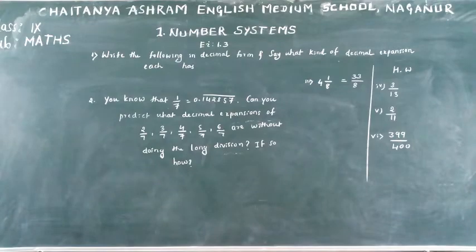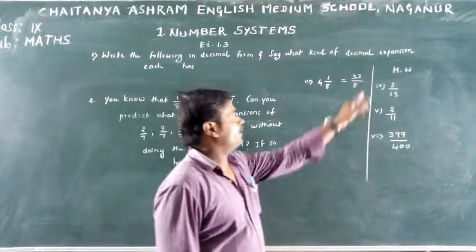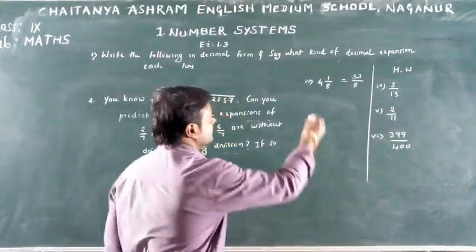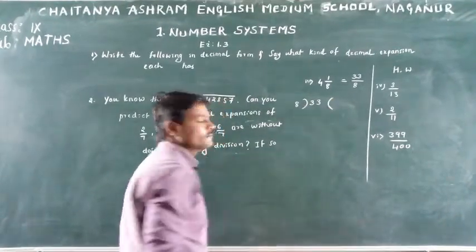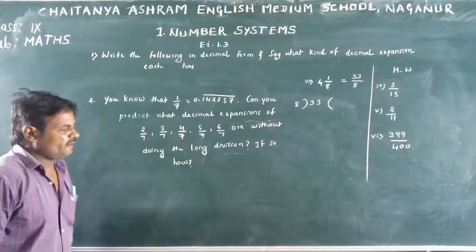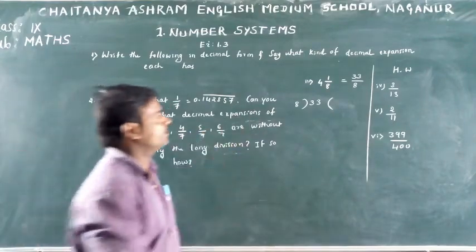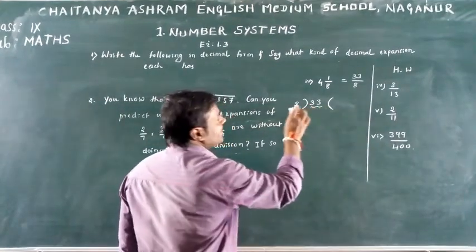Dear children, yes, divide 33 by 8. We will obtain its decimal expansion. Which is near to 33 in the 8th table?